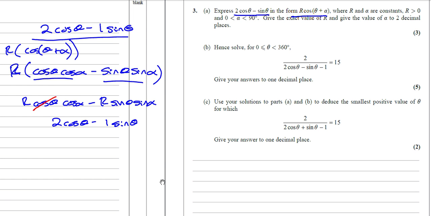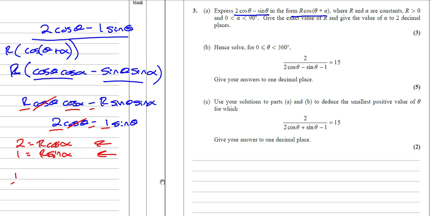So if we cross out the cos theta and cos theta, we can see that 2 goes with r cos alpha. We see that the 1 goes with r sine alpha. You never need to worry about the sign, because the sign should be the same if you've done it correctly. So to find out what alpha is, you do this one divided by this one.